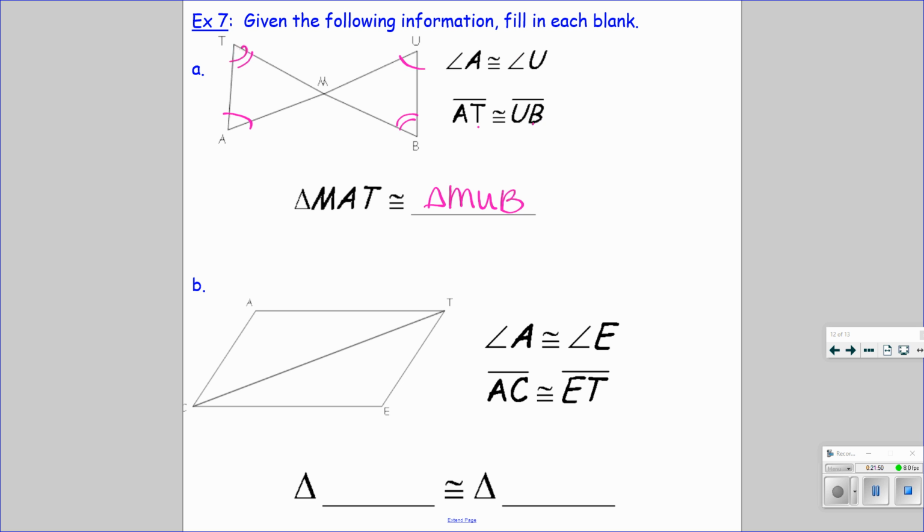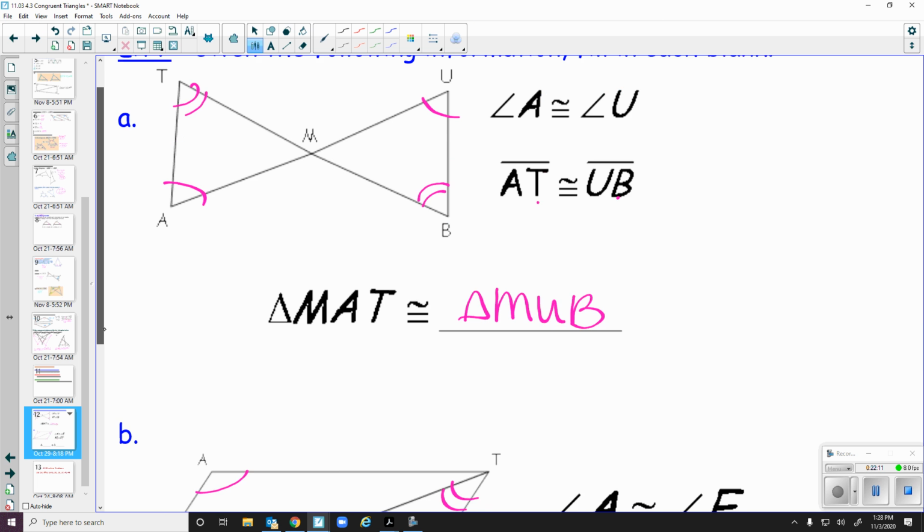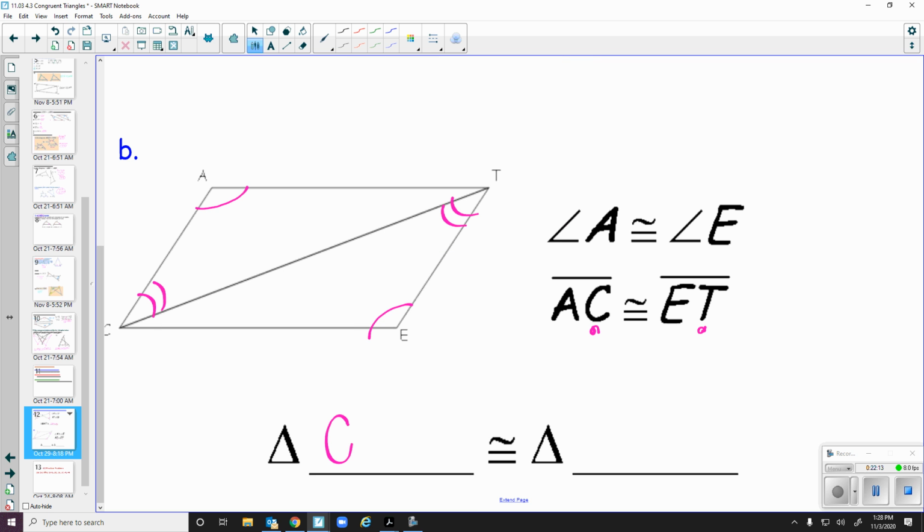Good. Okay. So same thing, A and E are corresponding. And then when they give you that segment congruency, it's saying angle C and T are corresponding. So let's say I put it as, well, what one of y'all put? CAT, okay.